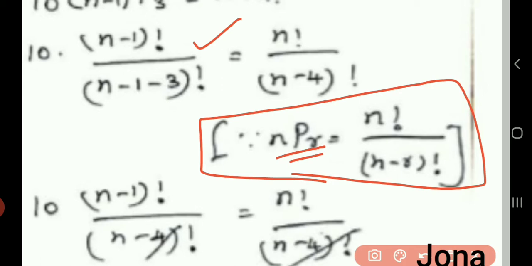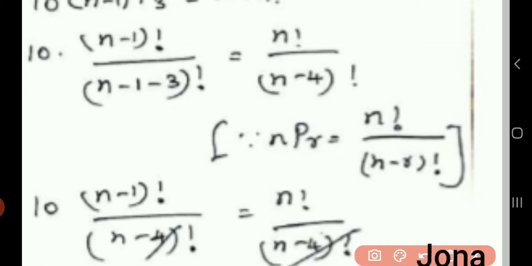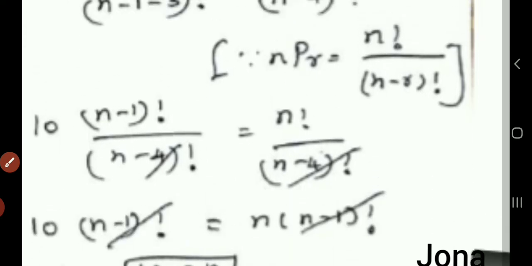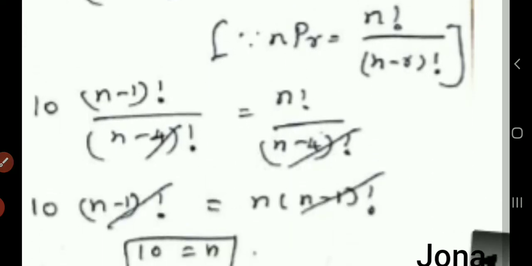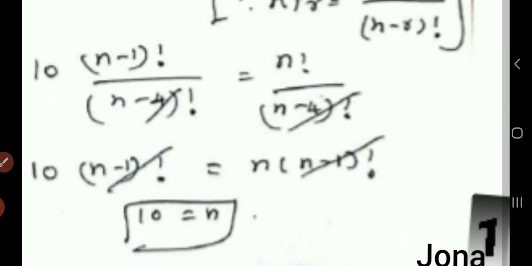On the right hand side we have nP4, which by the formula is n factorial divided by (n minus 4) factorial. Here n minus 1 minus 3 is n minus 4 factorial at the denominator, and on both sides we have (n minus 4) factorial.